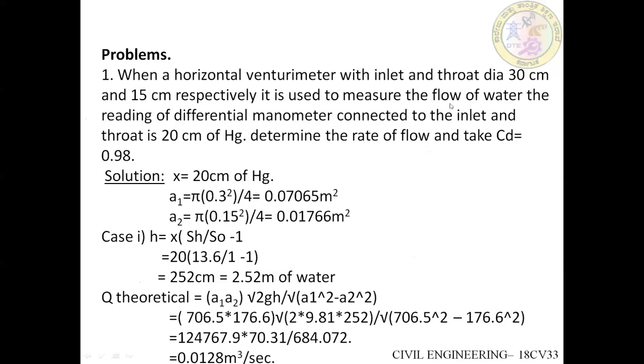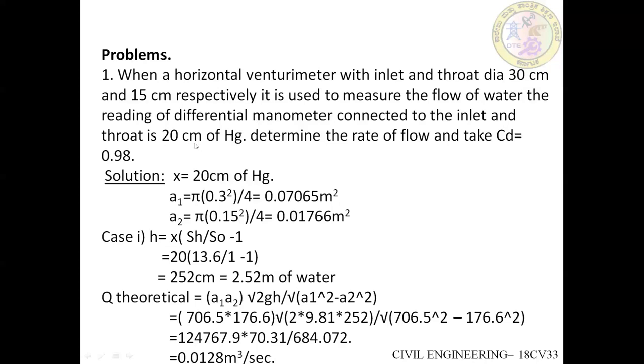The differential manometer connected to the inlet and the throat reads 20 centimeters of mercury. Mercury is the liquid which is there in the U-tube differential manometer.